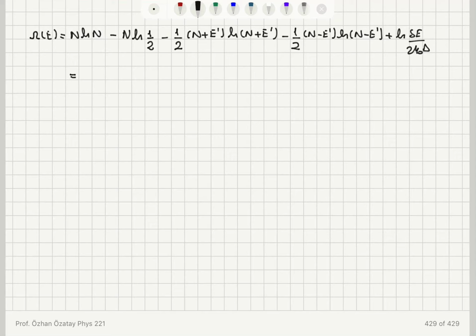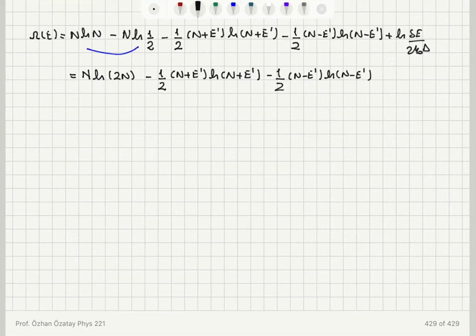So this is going to become capital N. So since I have capital N parentheses ln n divided by 1 over 2, so these two will become capital N ln 2n, and then I have minus 1 over 2 n plus e prime ln n plus e prime minus 1 over 2 n minus e prime ln n minus e prime plus ln delta e divided by 2 mu 0 b.